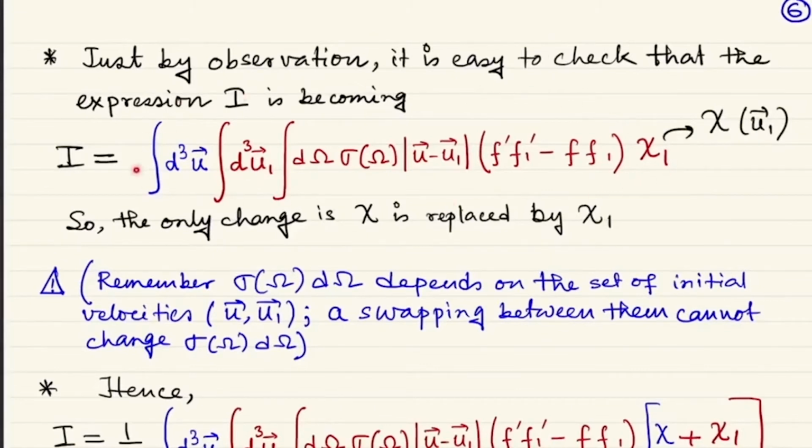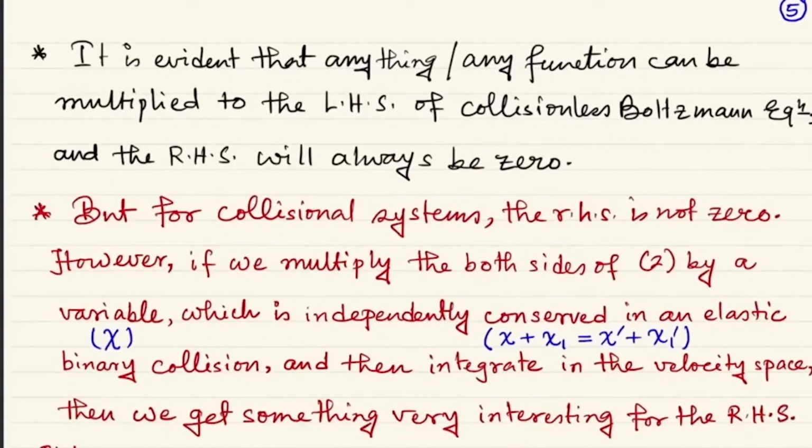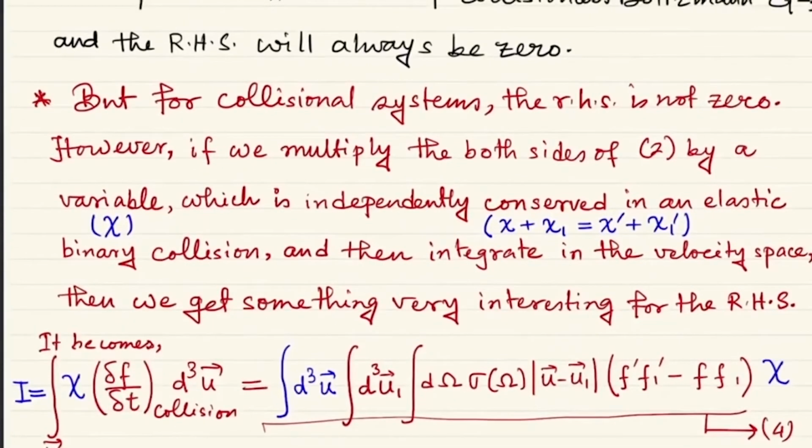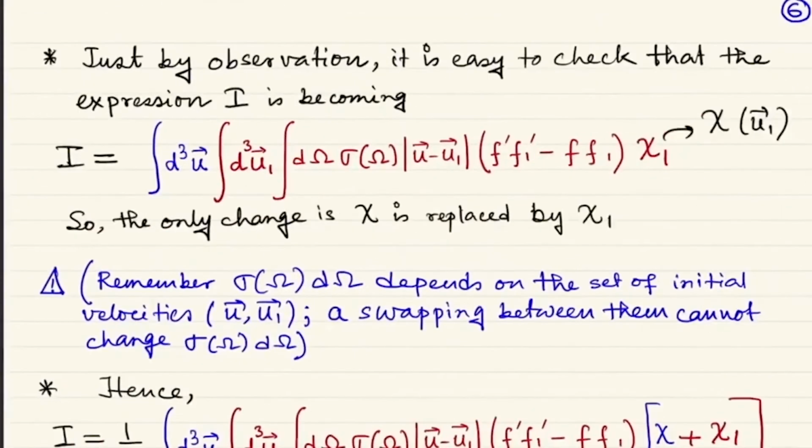If you simply swap between u and u1, then of course all the u will be u1, and chi will be chi1, because chi1 is nothing but chi of u1.